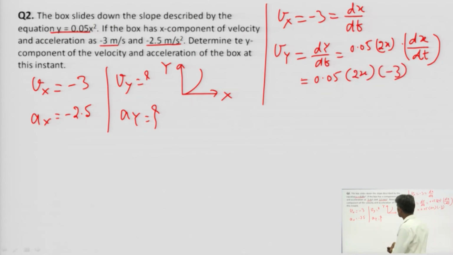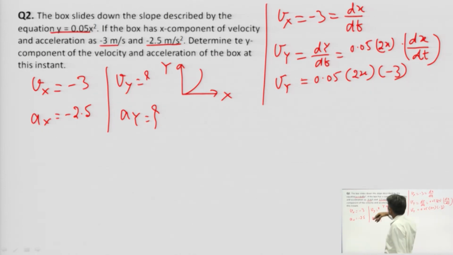X is remaining. X is what? If the box has x component of velocity and acceleration as this, to determine the y component of velocity and acceleration of the box at this instant, what will be the value of x? The x value should be given.